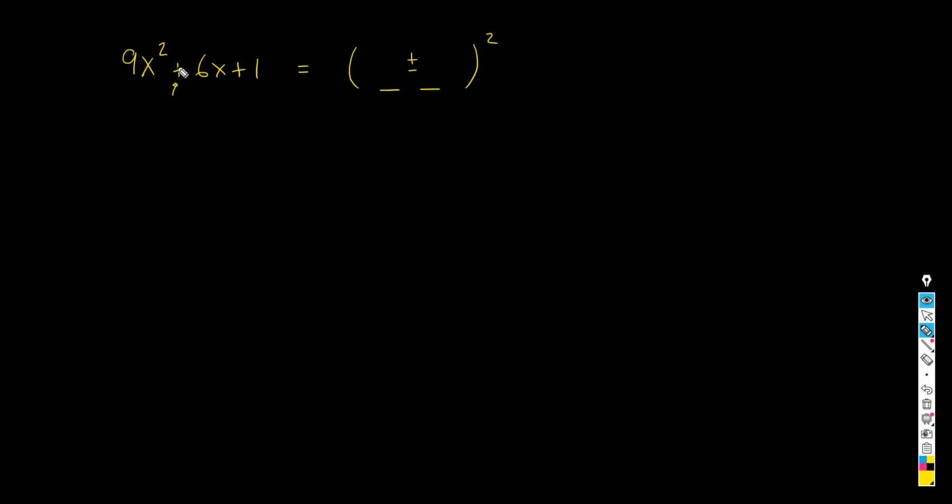If this specific sign is a plus, then this will be a plus. If this sign is a minus, then the sign in the binomial will be a minus. And make sure first to arrange everything in a descending order of powers. First squared, then x to the 1, and then the constant term. So that's the first thing you have to do. Arrange the whole trinomial in descending order of powers.